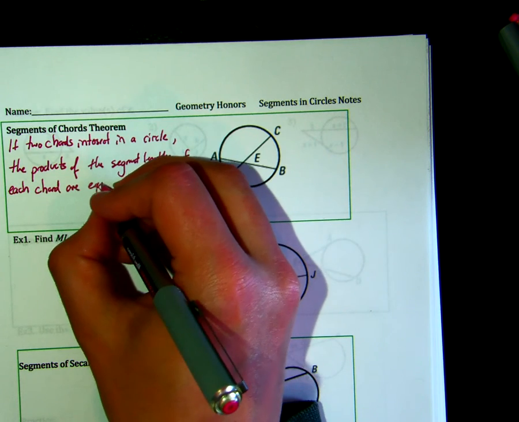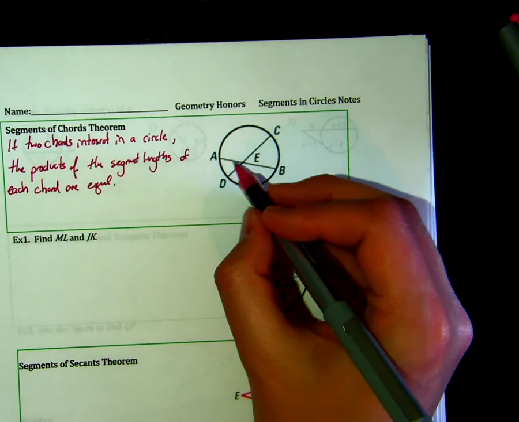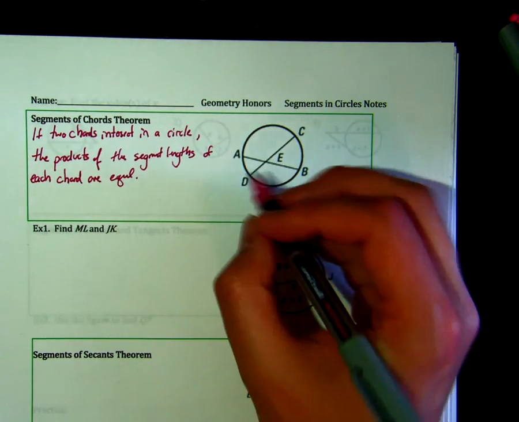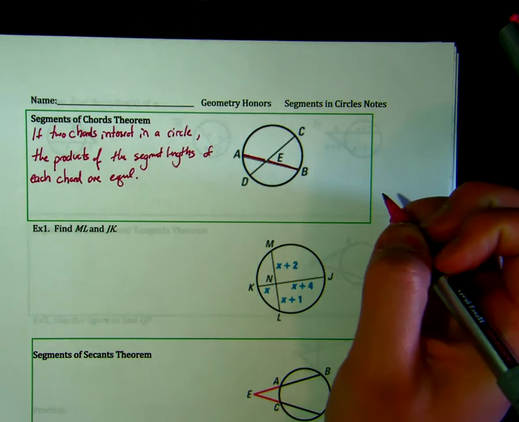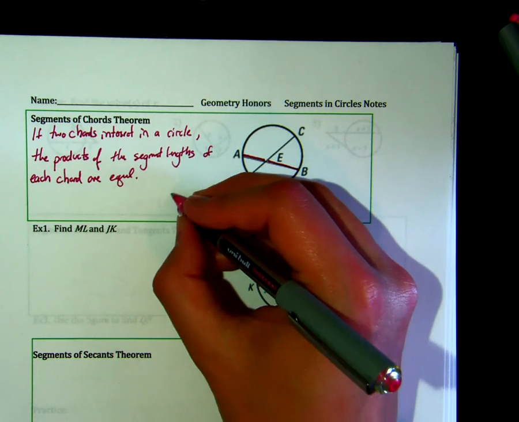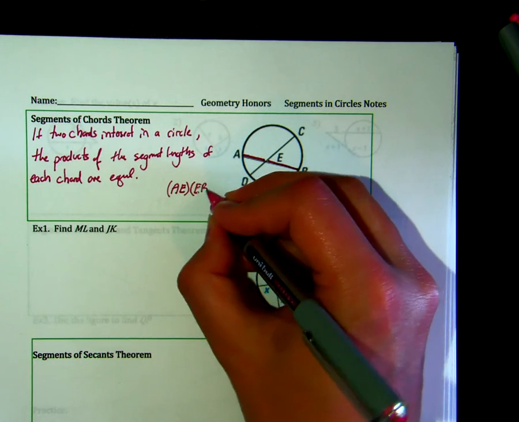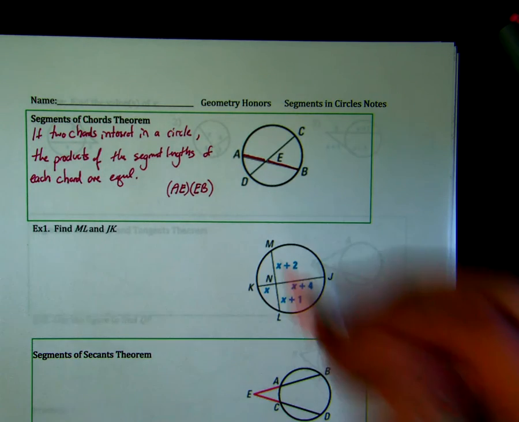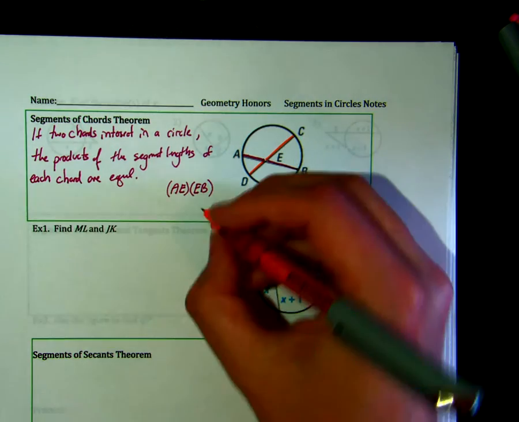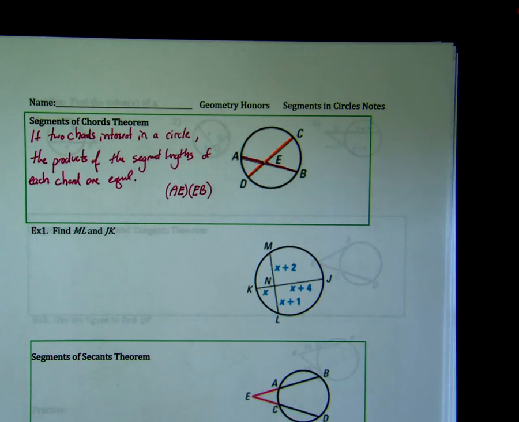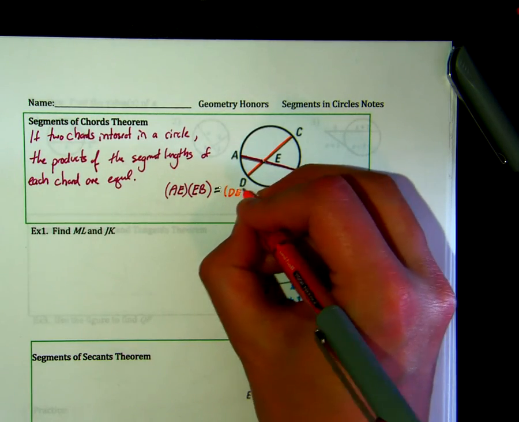So to demonstrate that with a little bit of color, what that means is that if you take one of these chords, AB, the product of the segments of this chord, the chord AB has segments AE and EB, and then the segments in the second chord are from D to E and E to C. So this is equal to DE times EC.